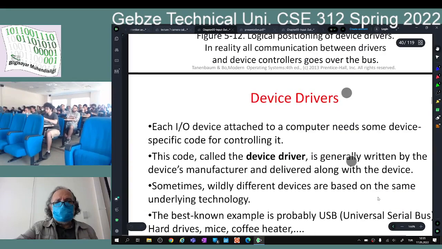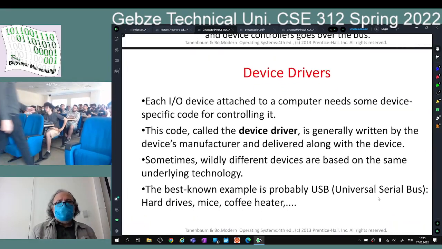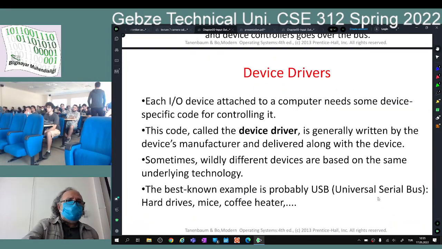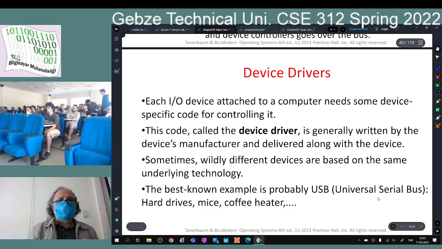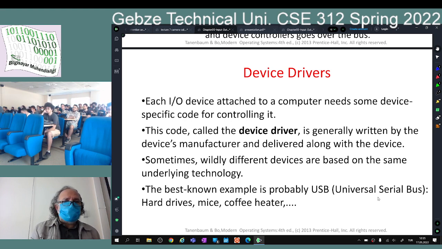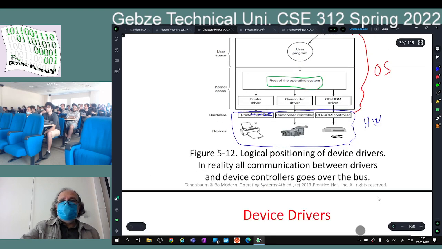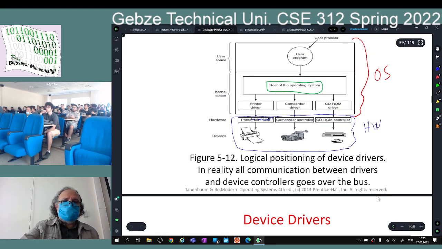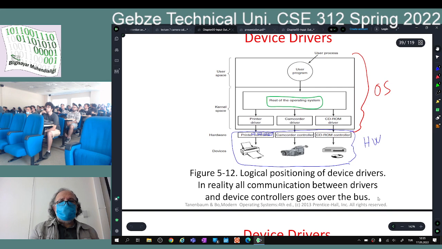So the device drivers, as I said before, for each I/O device we have a controller. That's an electronic device, and that electronic device needs some kind of software to control or drive it. It's called the device driver. Whether this is a CD-ROM device, a camera, or a printer, whoever produced these devices writes their own device drivers too.